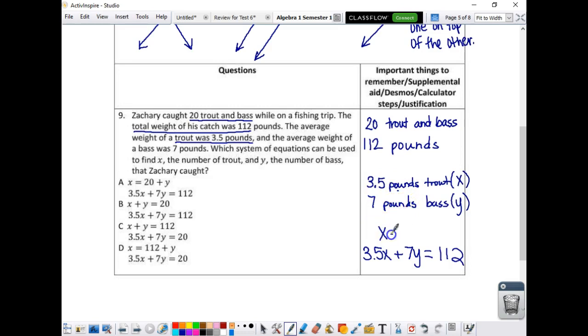When you add up just the variables, you're talking about the number of fish that Zachary was able to fish. So that would be 20. And like I previously mentioned, whenever you have just the letters being added, it's always going to be the smaller total. So the correct answer is going to be B.